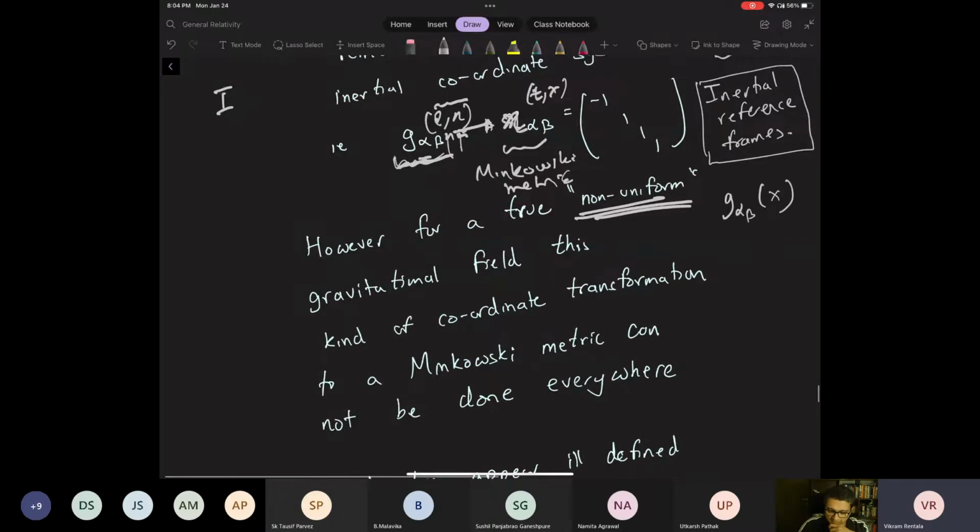So the fact that g alpha beta depends on your coordinates is not something that you can get rid of everywhere in space-time. When that happens, you say that your gravitational field is non-uniform, and this is a true effect which you cannot get rid of just by changing your coordinate system.